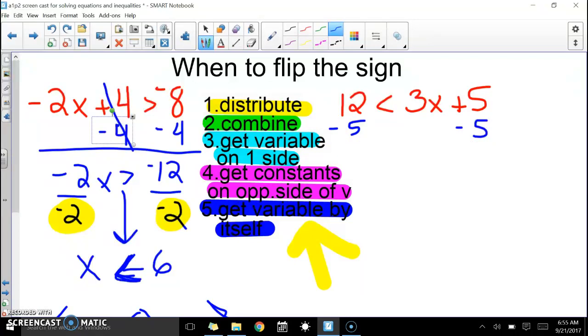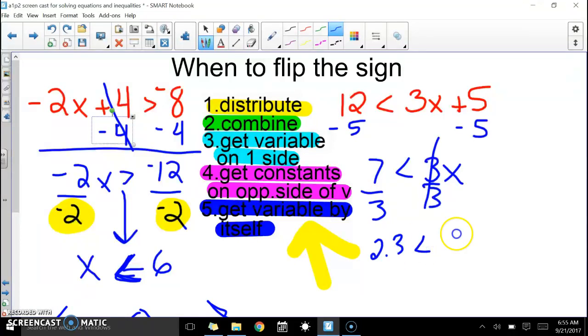Okay. And then I'm left with 12 minus 5 is 7 is less than 3x. Then it says get the variable by itself. So I just need to divide by 3. So 7 divided by 3 is 2.3. So we can say 2.3, or 7 over 3, is less than x.